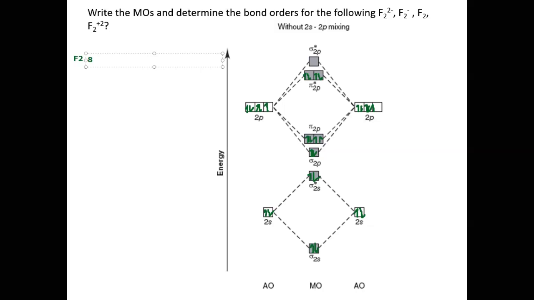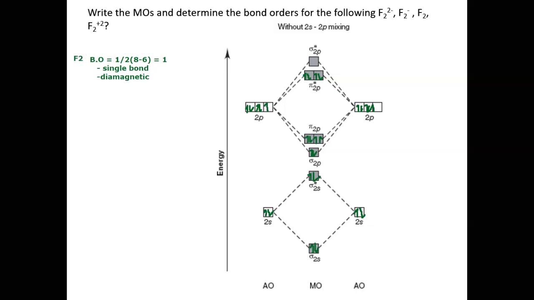Let's see, is that right? 8 bonding electrons and 2, 6 antibonding. So that gives us a bond order of 1. So F2 has a single bond. Also, it's going to be diamagnetic because it has no lone electrons. They're all filled.